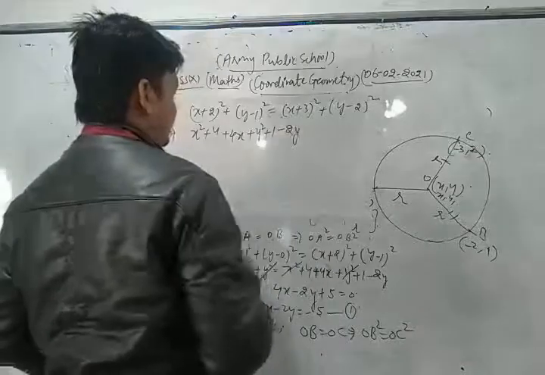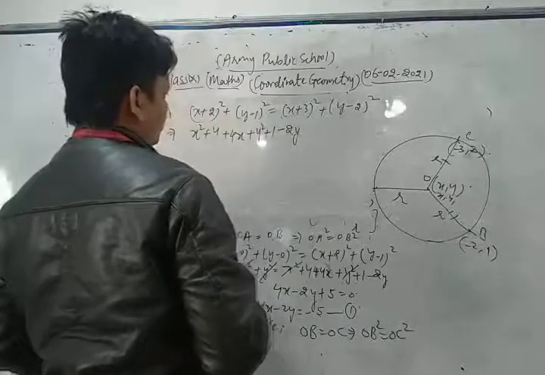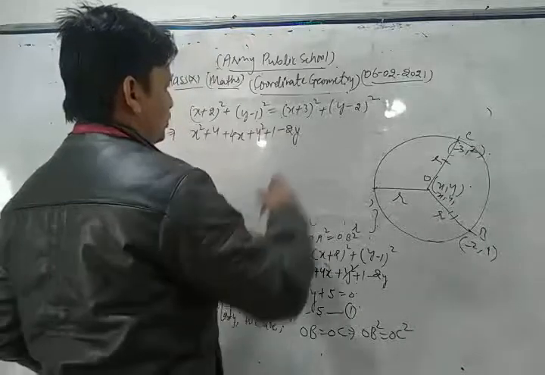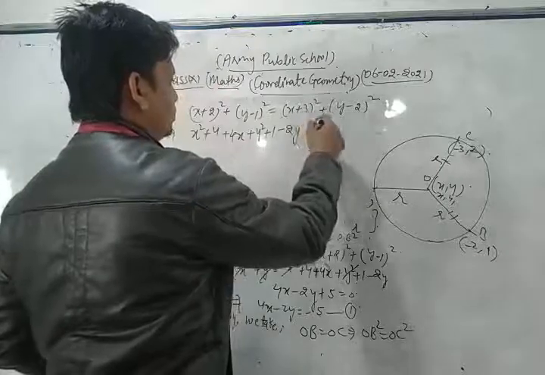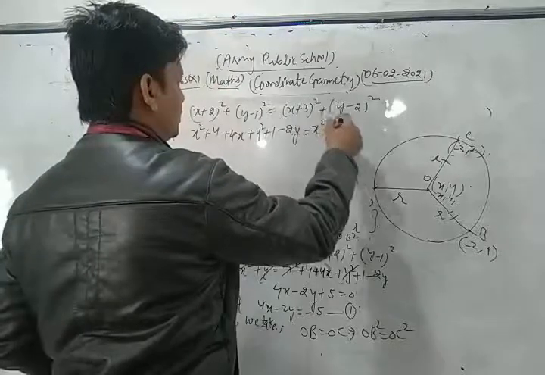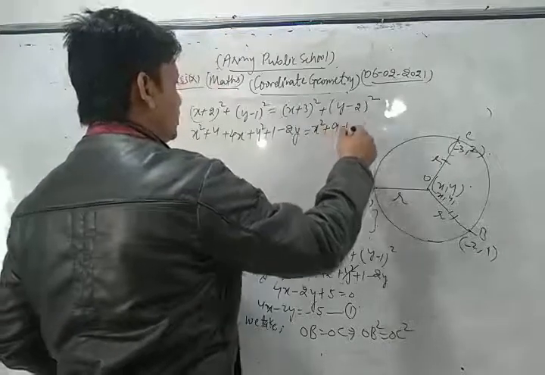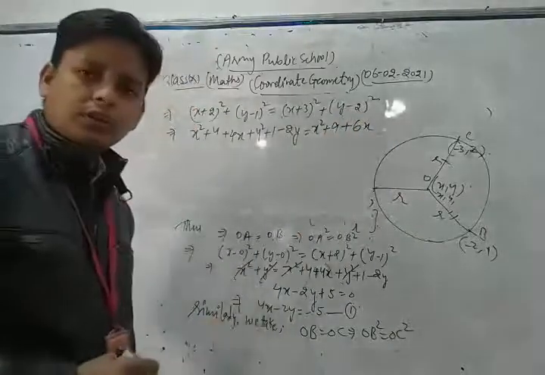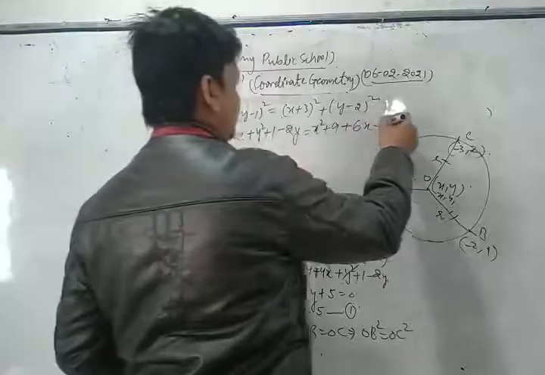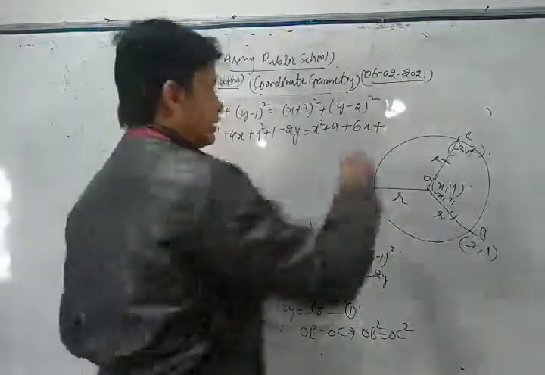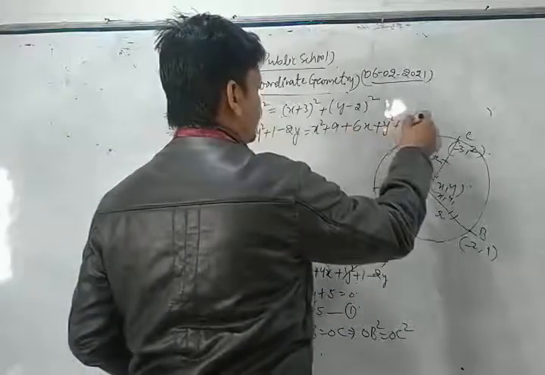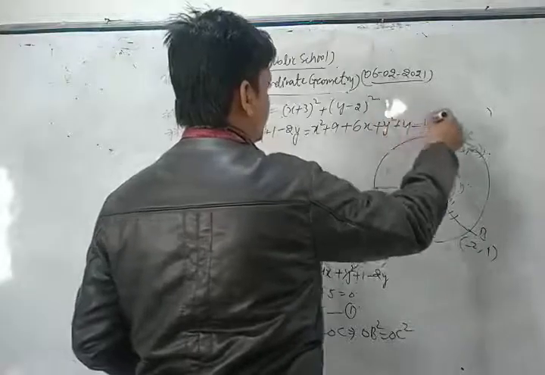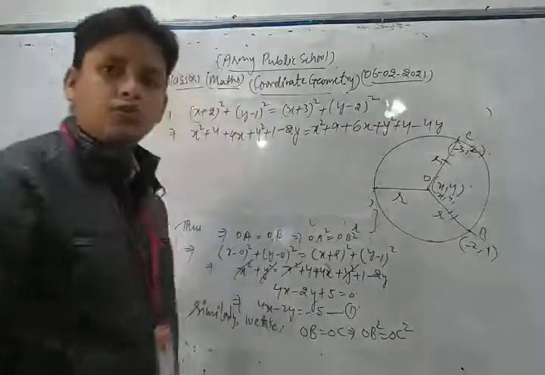On the other side, a plus b whole square is a square plus b square plus 2ab, 2 times x times 3 is 6x. Here we apply the formula a minus b whole square, that is a square plus b square minus 2ab, meaning 4y.